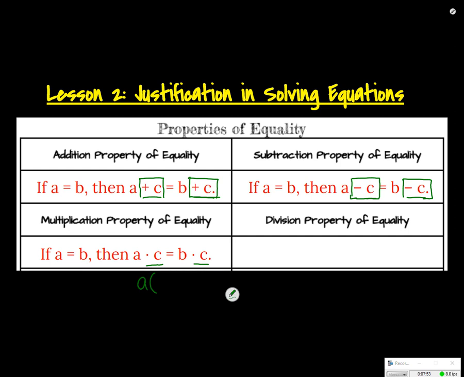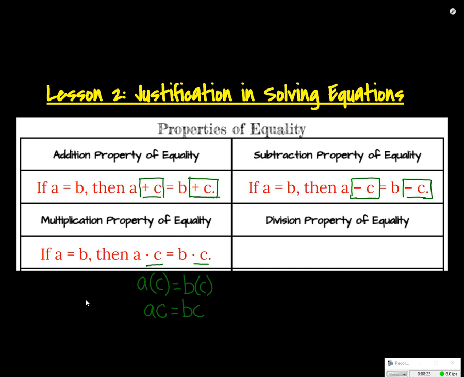We could do A in parentheses C, B in parentheses C, or you could just say AC equals BC, because when they are standing next to each other, that implies multiplication. So all of those mean the same thing, but notice that A and B are equal to each other, and there's a C on both sides. I could not say A equals BC, because that would mean that I only have a C on one side.